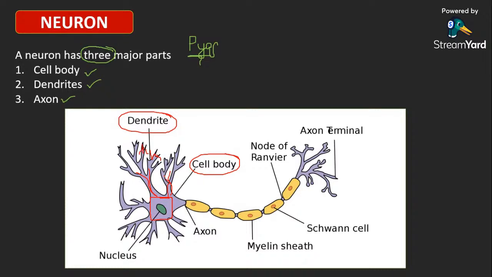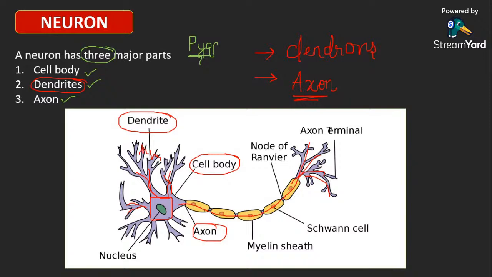These small projections are referred to as dendrites, or you can call them dendrons. The largest one of the dendrons is very large, and that is referred to as the axon. I hope the point is very much clear for everybody.